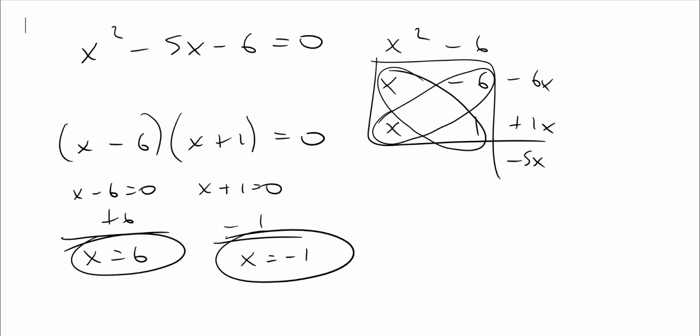Okay. So let me give you some steps here, guys, because I think it's important to have some steps with all these problems. So steps. You got to recognize there's an equal sign. So these are the steps when you have an equal sign.